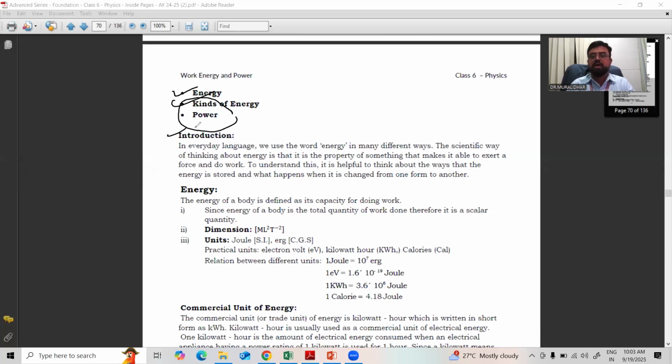Now we'll see energy. In everyday language, we use the word energy in many different ways. It may be electrical energy, magnetic energy, muscular energy, any energy. But the scientific way of thinking about energy is that it is the property of something that makes it able to exert force and do work.